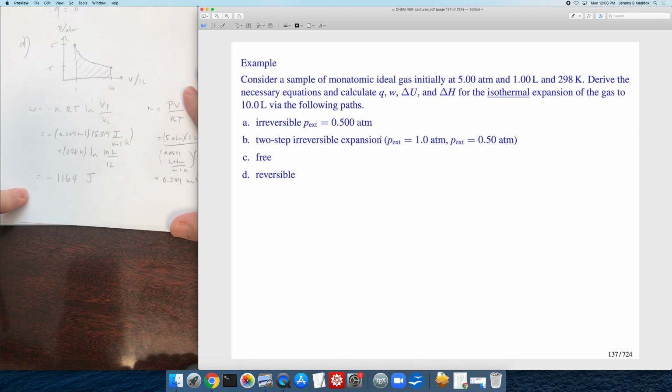So that's the largest magnitude of work that we've gotten, and indeed that's the largest magnitude of work that's possible for this gas to expand from this initial point to that final point. Like before, we're going to get Q equals plus 1164 for this isothermal gas expansion, right? The energy lost as work is gained back via heat.